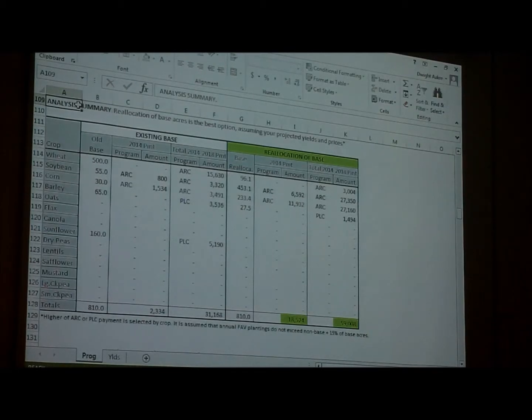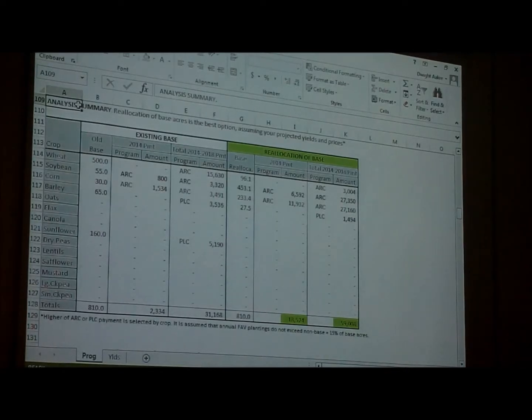It doesn't impact anything you do on the farm, so why wouldn't you go with that reallocation? Doesn't change any of your costs at all. Under the 5 years, it's not quite as extreme. $31,000 for the 5 years under existing base, $59,000 under the reallocation of base, total for the 5 years.